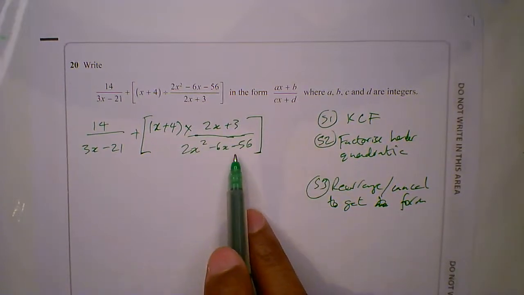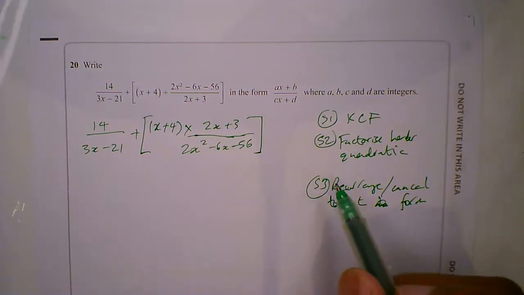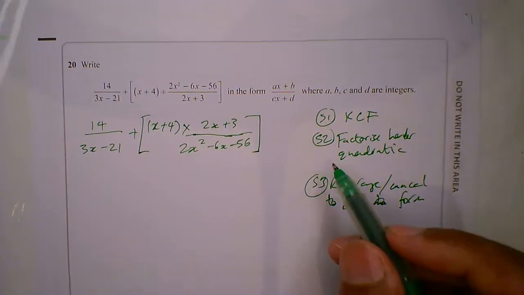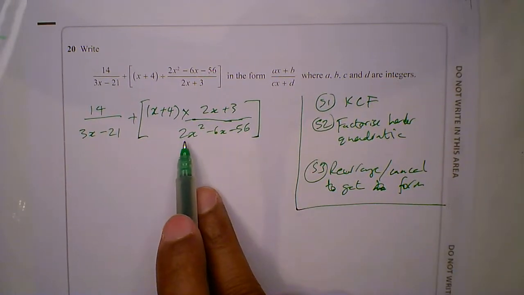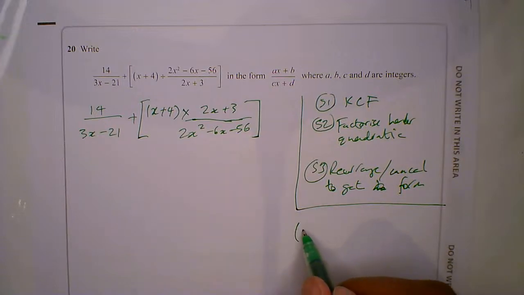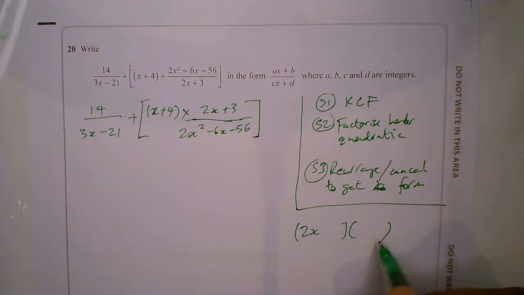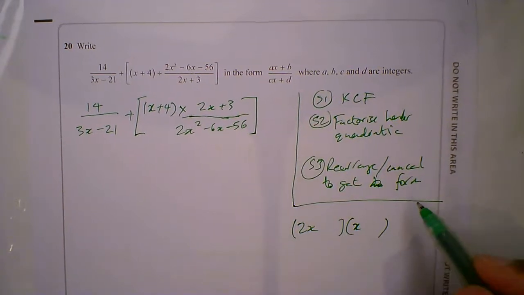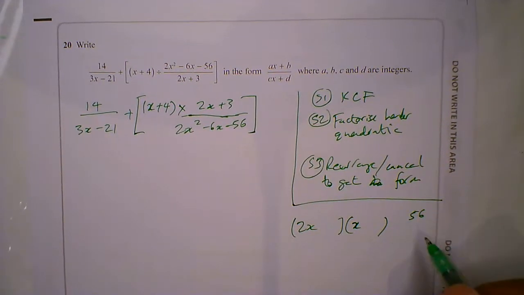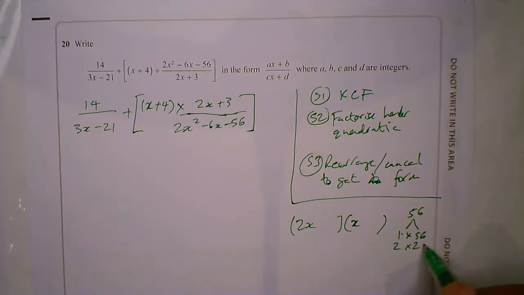I'm going to use the shortcut: because 2x squared is a prime number, I'm going to have 2x here and x here. I'm going to look at 56. What numbers make 56? So 1 times 56, 2 times 28.